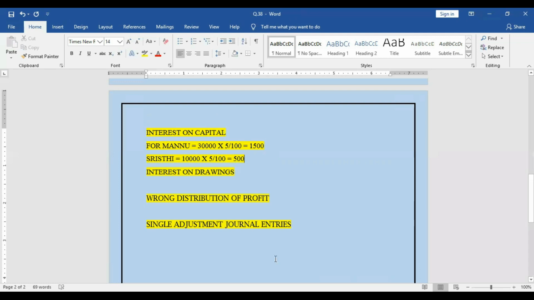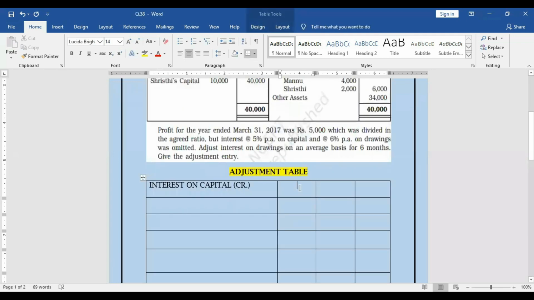This has to be credited in the adjustment table. So Manu is 1,500 and Srishti is 500, and the total is 2,000.